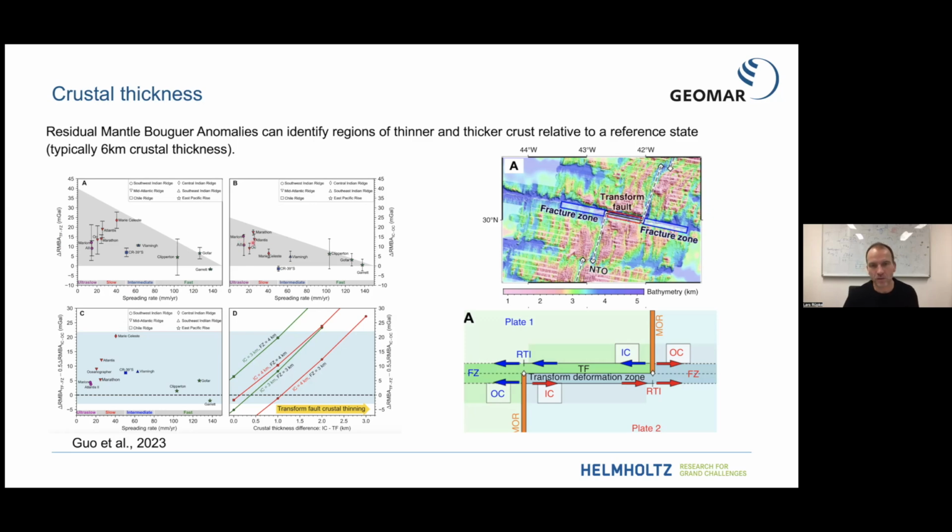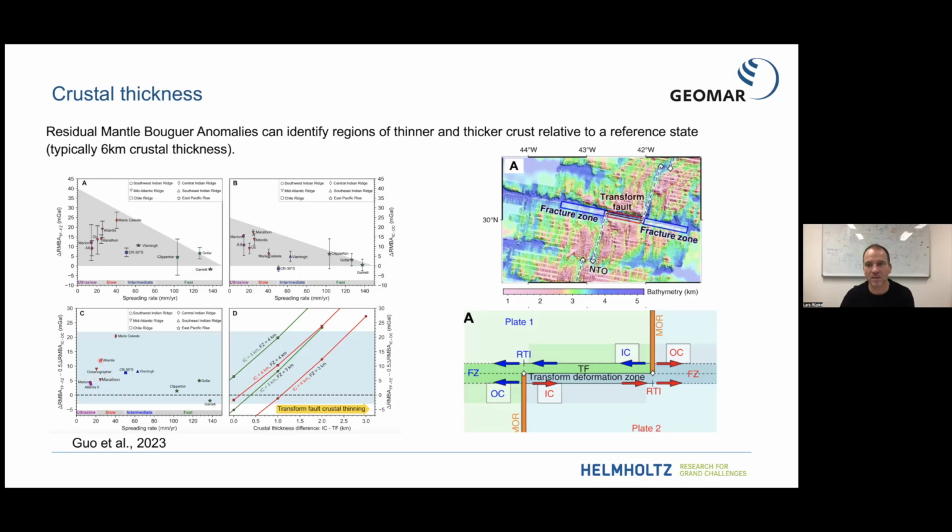But if you correct for this baseline, you still find this. I don't have time to explain the baseline, but this basically means that it accounts for the fact that in the fracture zones, you have a superposition of inside corner crust and outside corner crust, while the transform fault has a superposition of two inside corner crusts. So you take that baseline out and still all values are positive.